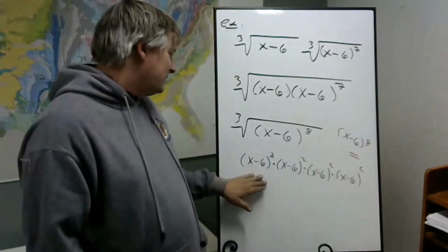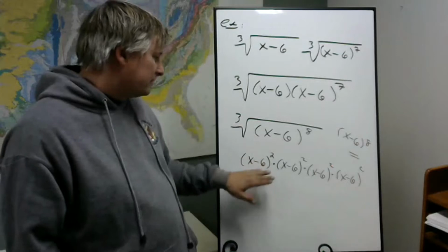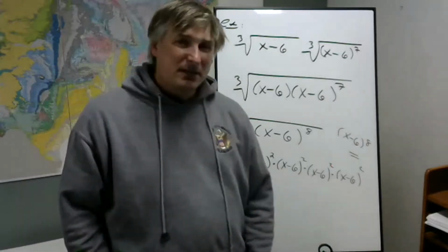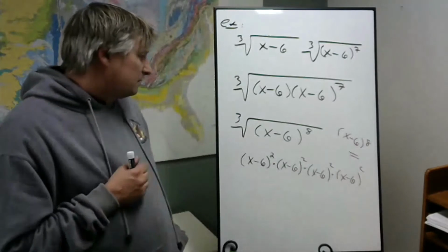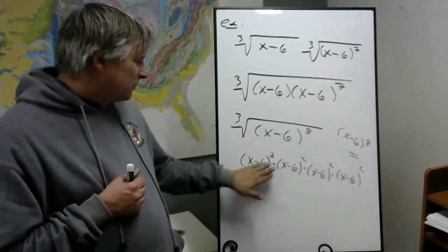So if you take x minus 6 squared, and you take 4 of these and multiply them together, you'll get x minus 6 to the 8th. So there's 4.